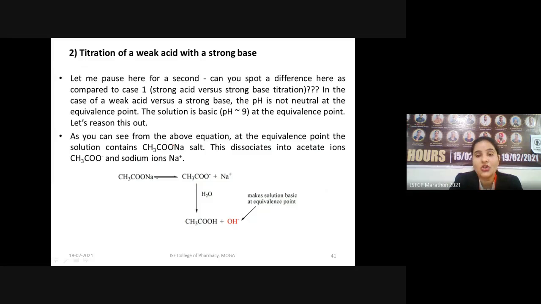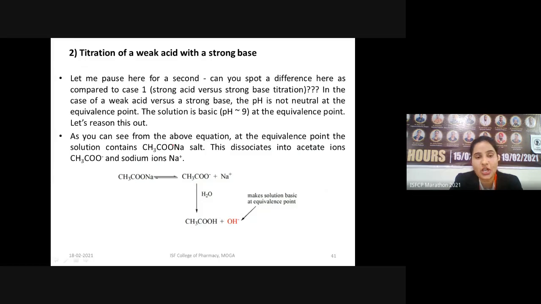When the salt dissociates into acetate ions and sodium ions, the acetate ions are going to further react with water. They will accept the H positive part of the water, but the OH negative portion of the water will remain as such, and it will make the solution basic.